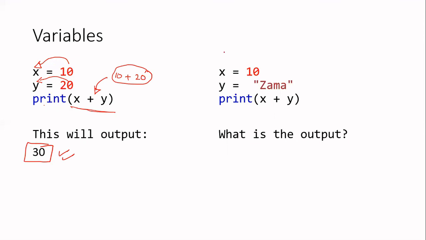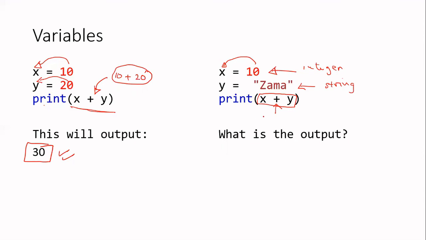If we look at this segment here, we've got x, which has the value 10, and we know that x is a number, an integer. We've got y, and that is a string. So x is an integer, and y is a string, and we are attempting to now do a calculation because we've got x plus y. What do you think the output in this case would be?